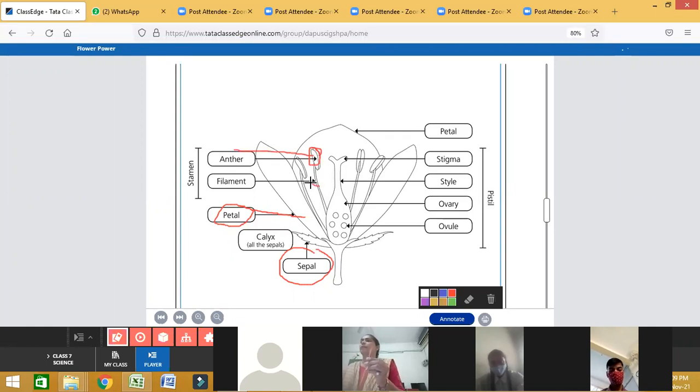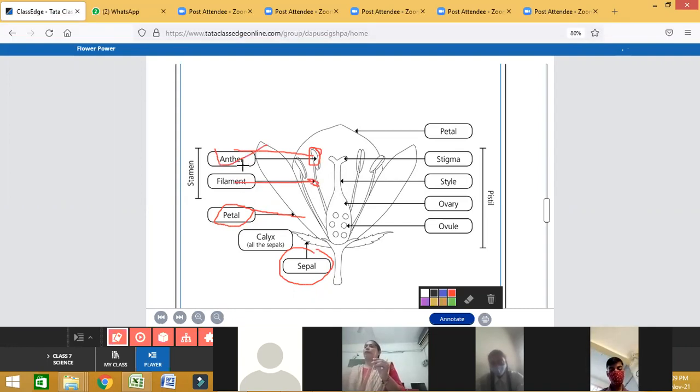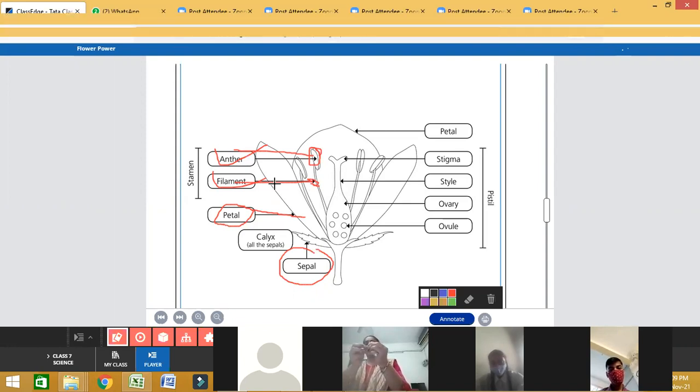And these small parts, see this small tube-like structure. This is the filament. Okay. So anther and filaments are there. And now you remove this. You just hold it and remove this.